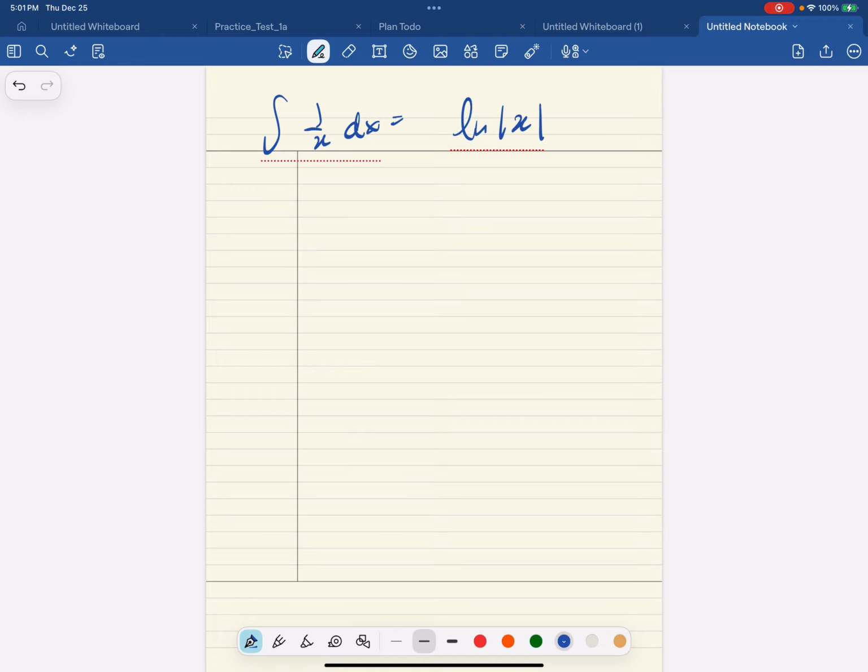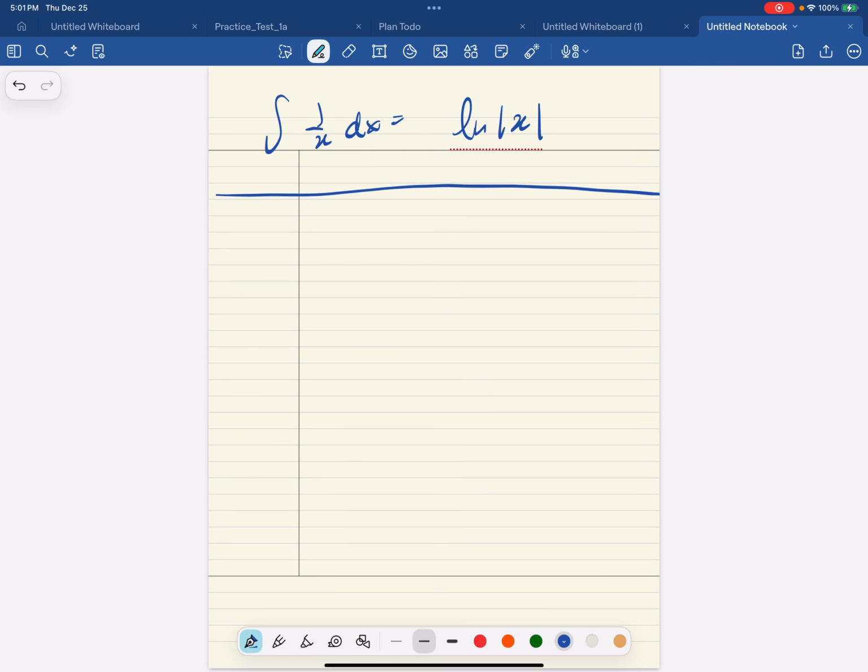So that's it for indefinite integration. I think it's sometimes called indeterminate integration. If it's a definite integration, I'm not sure if that's the real name, basically it's a closed bound.